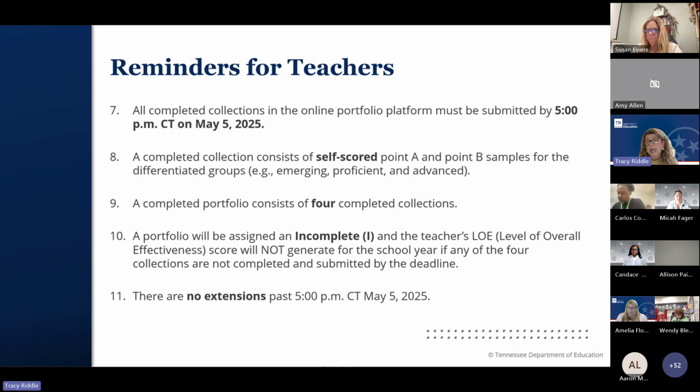If a teacher is not complete by May 5th, at 5 o'clock, they will receive an incomplete for their portfolio score. And an incomplete in the individual growth score will not generate an LOE for that school year. If any of those 4 collections are not complete, the score is incomplete. And there will be no extensions past 5 o'clock on May the 5th.